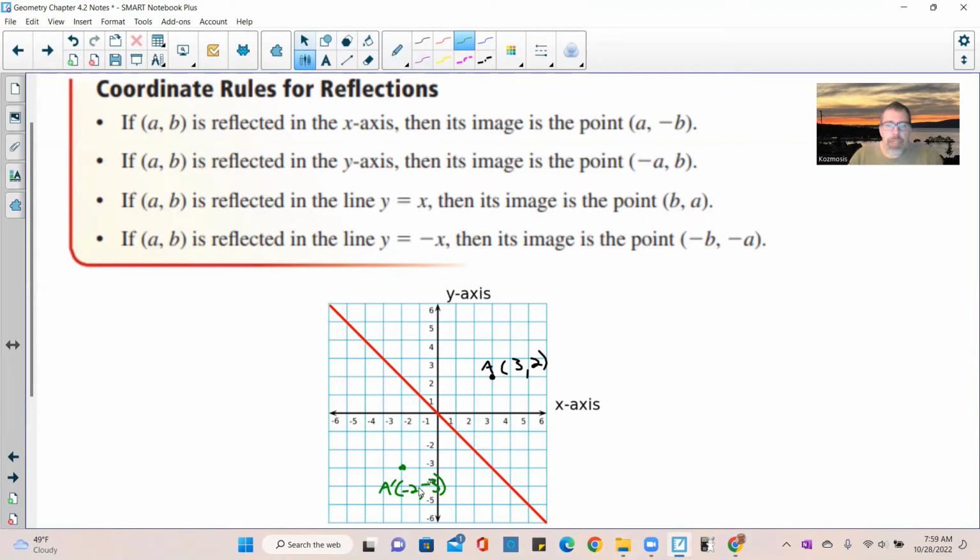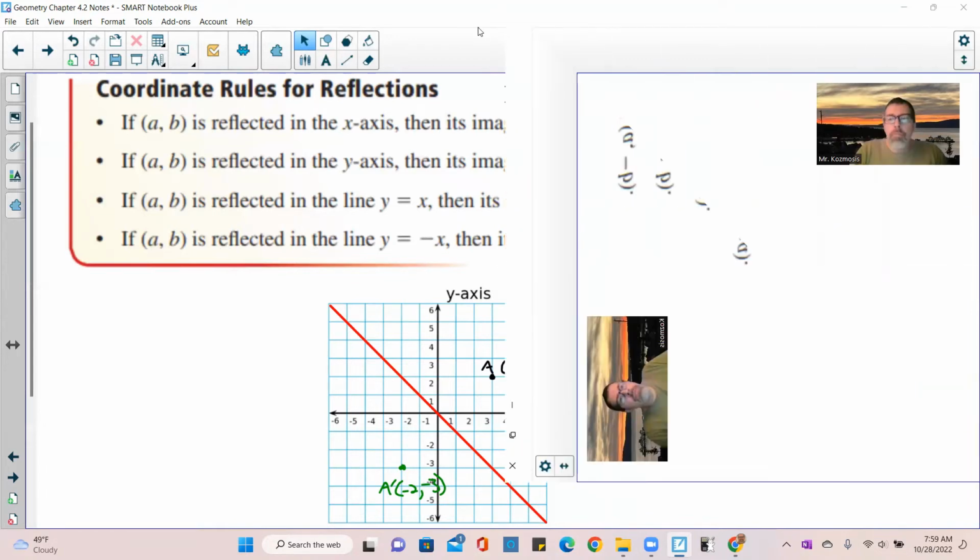Okay, let me move that name. Oh, I can't. -2, -3 is right there. And notice what happened. A,B became -B, comma -A. So 3 got moved to the y position and negated. The 2 got moved to the x position and got negated. So you just flip them and switch them if it is negative x reflection. Okay, so those are the 4 basic rules.